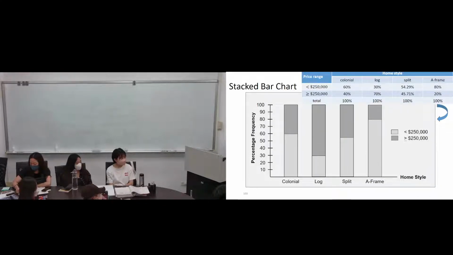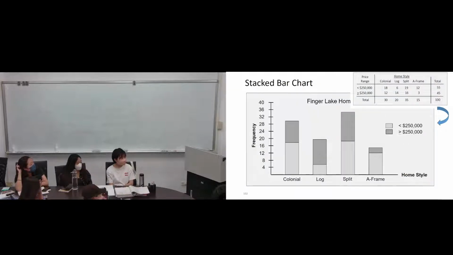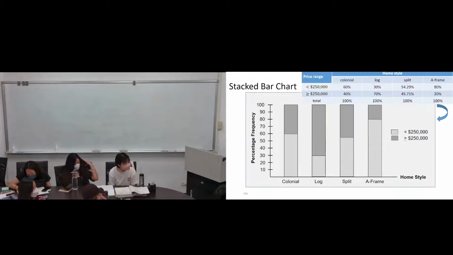We can also use the stacked bar chart to represent the home and the price range this way. First, we convert the original table into column percentages. Originally, 18 colonial homes are priced below $250,000. After we divide 18 by 30, it becomes 60%, and the other one is 40%.